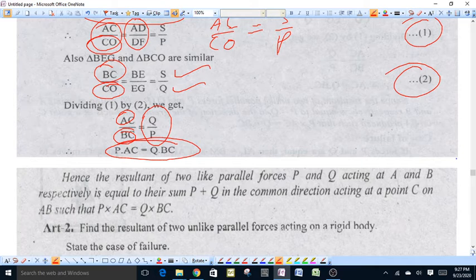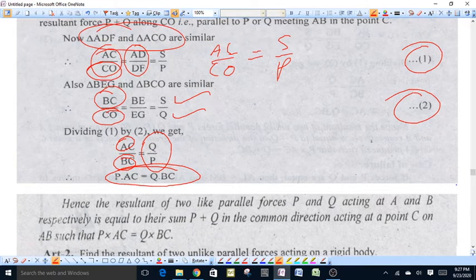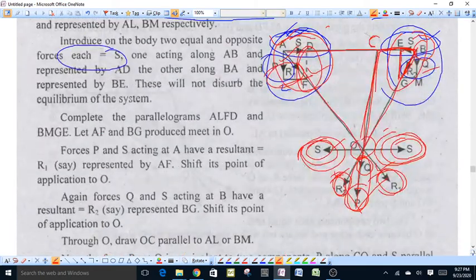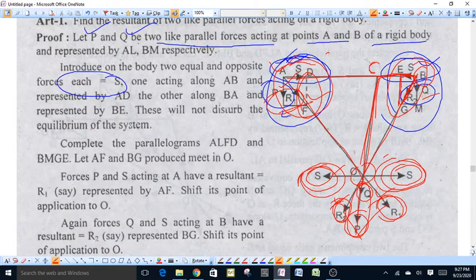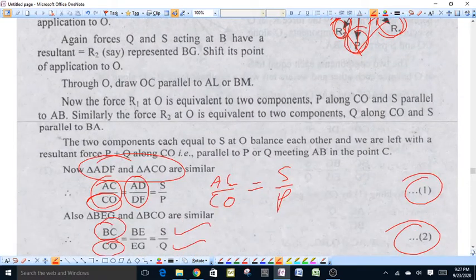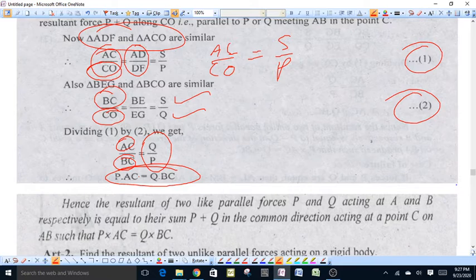From this equation we can find the point C, where the resultant of these two forces P and Q will act on the rigid body. This C lies on the line joining points A and B such that the ratio AC upon BC is equal to Q upon P, that is P into AC is equal to Q into BC.